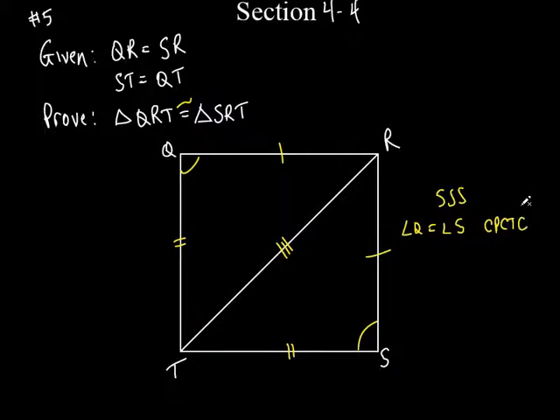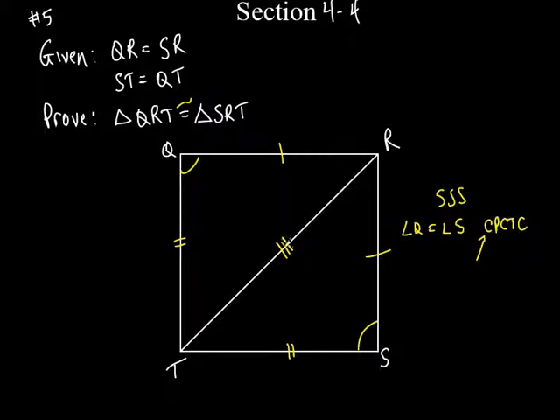I don't think we have a grasp of this yet, so let's do this again. What does that stand for, CPCTC? Corresponding parts of congruent triangles are congruent. Let's start with that corresponding. Are Q and S corresponding to each other? If I took those two triangles and I slammed them on top of each other so they all match up, would Q and S be the angles that match up with each other? Yeah, how do you know that? Because Q is what?